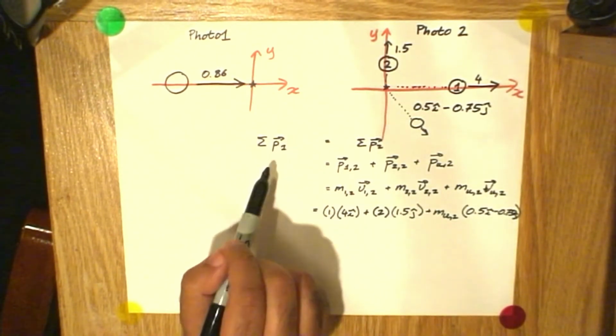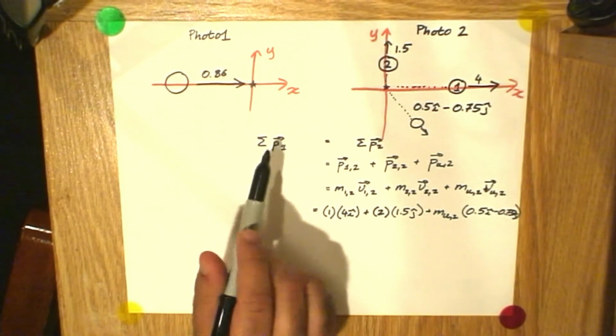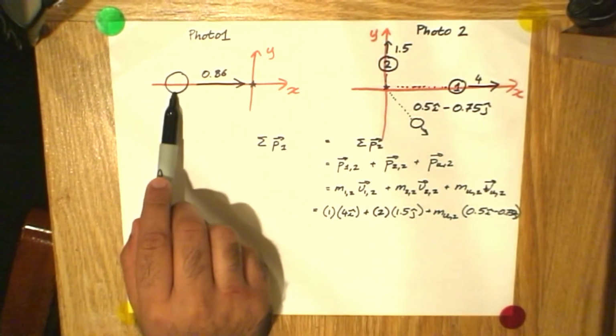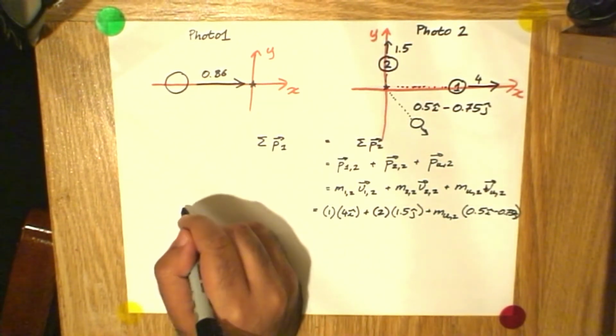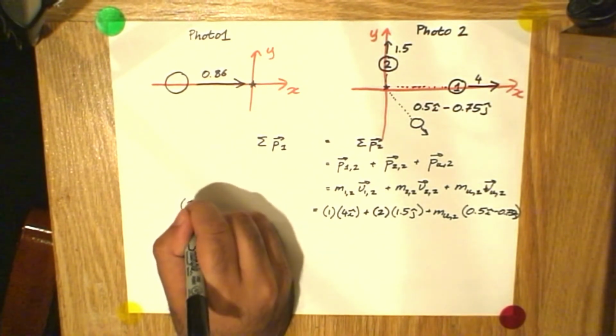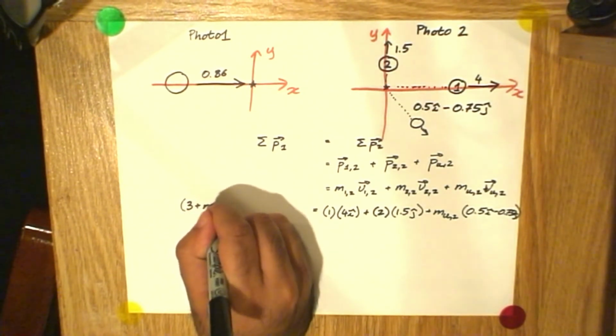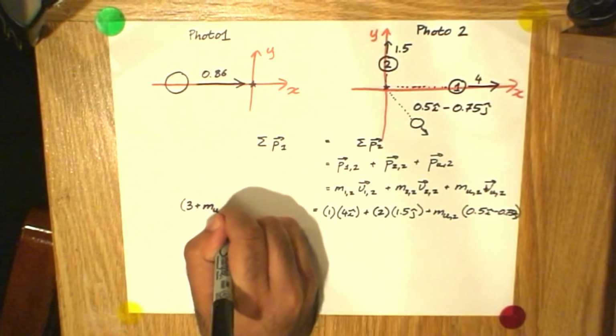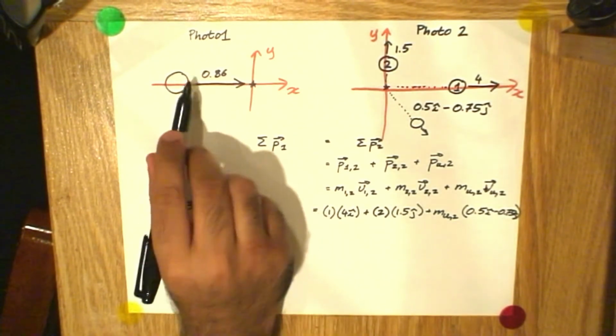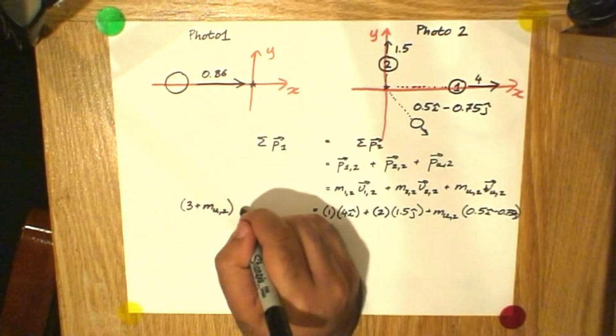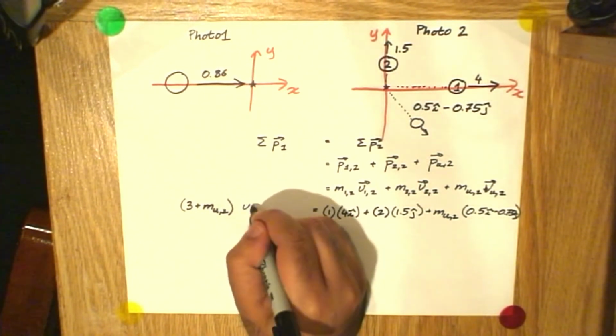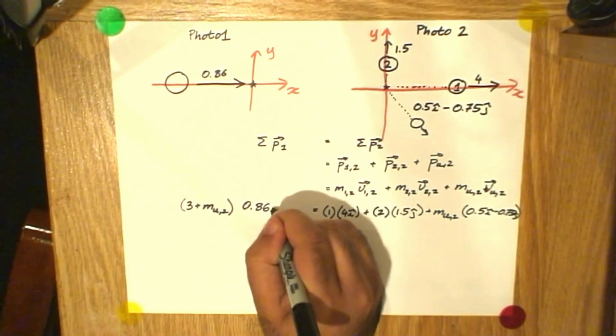Since this left side is going to be equal to mass times velocity of this object over here, that is going to be written as 3 plus this unknown mass multiplied by the velocity on the left side, which was 0.86 i-hat.